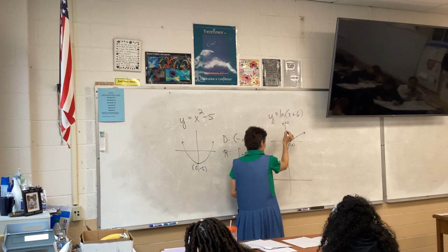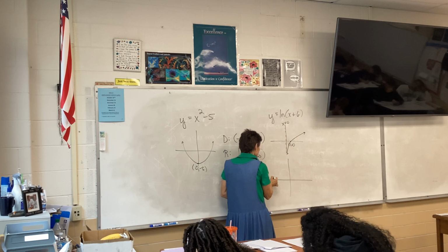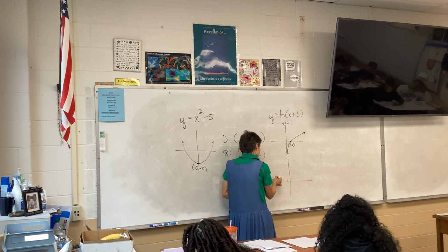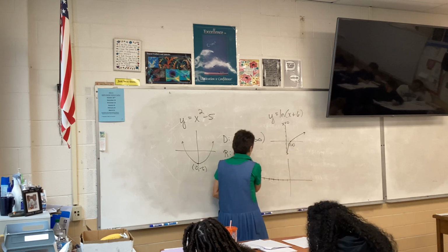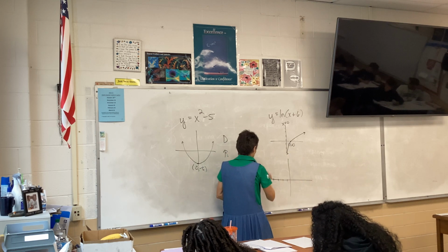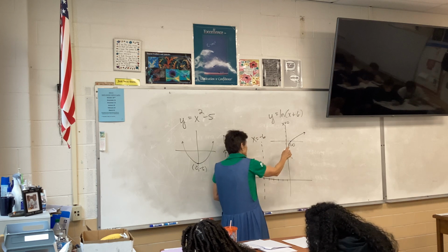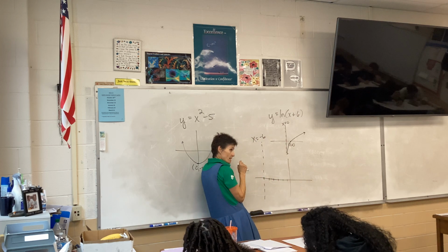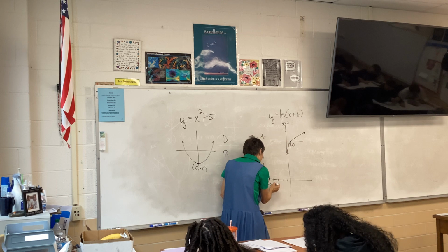So this asymptote, which is originally at 0, is now going to be at -6. And this intercept, which was originally at 1, is now going to be at -5.